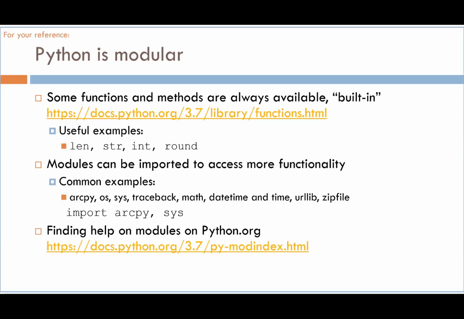All right, related to those things that I'm hoping you already know, I do have a couple of slides for your reference, filling in some of those gaps. If you are more of a beginner for Python, these are for your reference. I'm not really going to go over them right now, but just the fact that Python is modular, we can import libraries. The link to the basic Python documentation is on here as well.